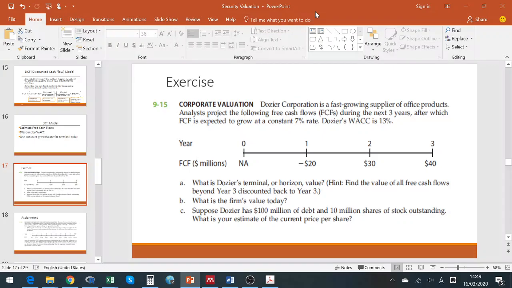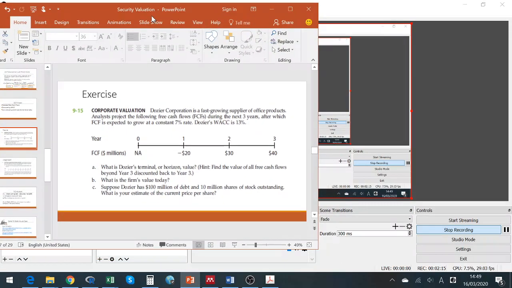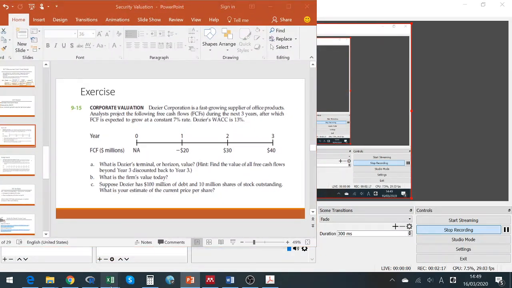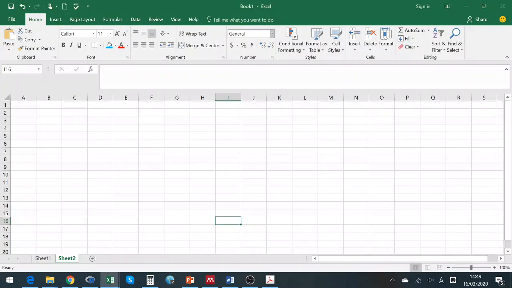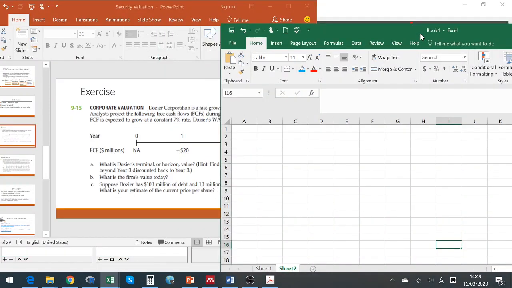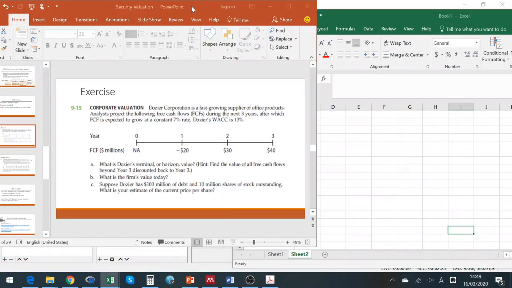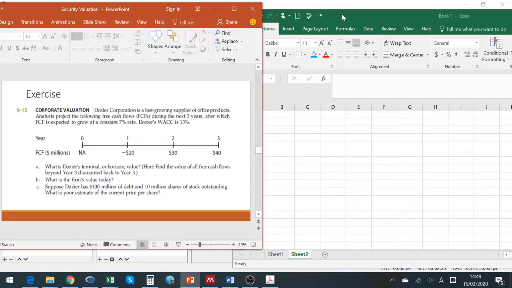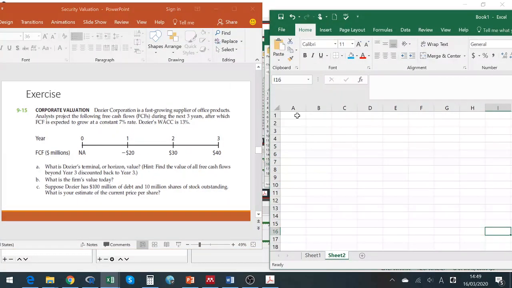Okay, so I need Excel. This company has free cash flow, FCF, for years 0, 1, 2 and 3.